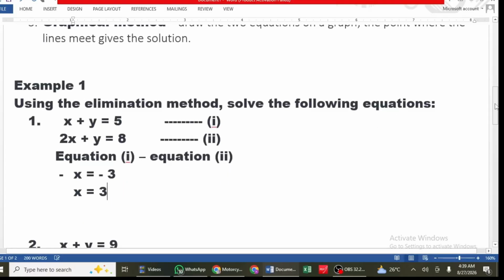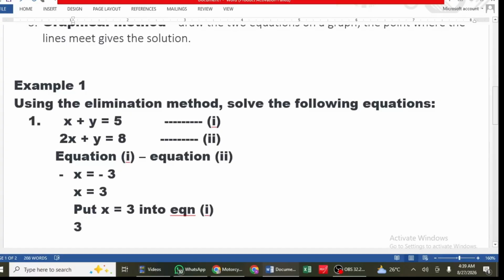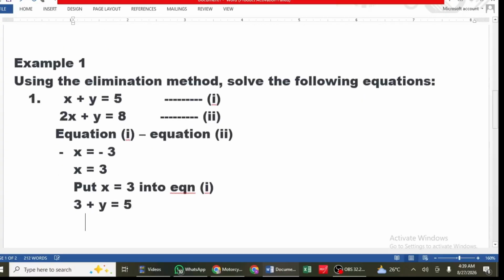Then you substitute the value of x in any of the two equations. Let us use equation 1. Then you say put x is equal to 3 into equation 1. In equation 1, we have x plus y is equal to 5. From there, x will be 3, and that will be 3 plus y is equal to 5. From there, you collect like terms.